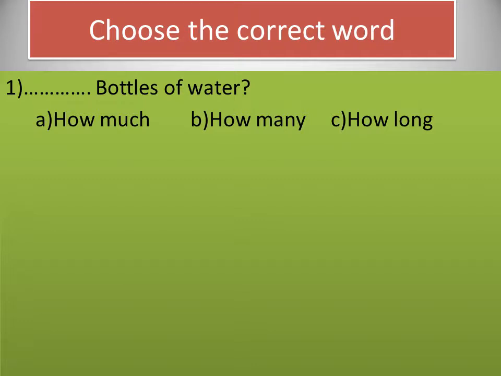Who can answer? Bottles of water. How many? Because bottles of water are countable now. I can count the bottles of water, so I have to use how many, because I am asking about countable nouns.